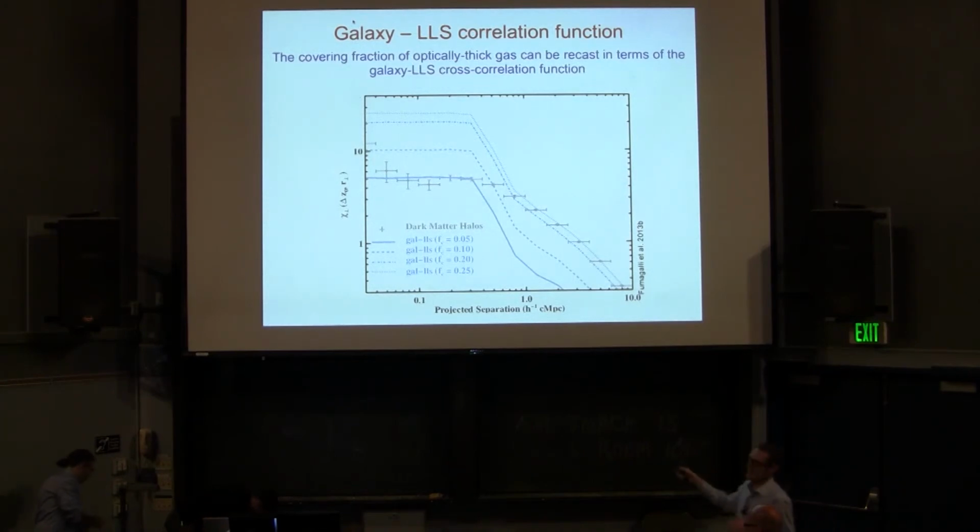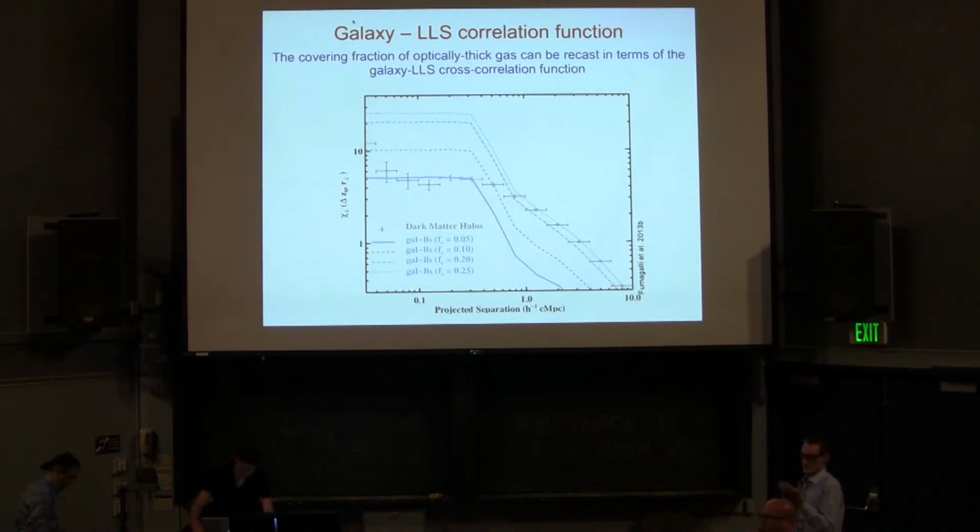In our models it was fairly trivial: we just stick in a bubble of gas. But in reality, we expect a profile. We heard earlier today that this is certainly the case for magnesium 2. And so you can actually read off that profile from the 1 halo term. I don't know if that's addressing your question.